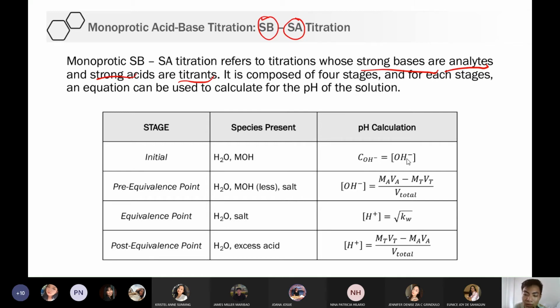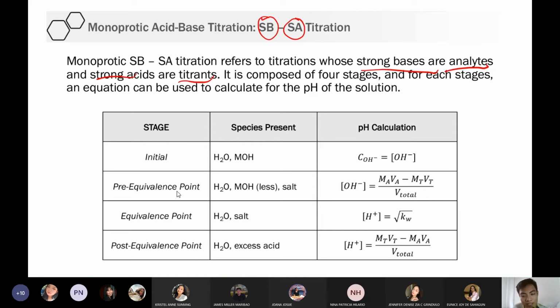I-negative log mo yon, makukuha mo yung POH. To solve for pH, that is 14 minus POH. Okay? Alam niyo na yan. Ginagawa na natin yan. Chapter 1 pa lang. So from pH, gagawing POH, vice versa. So initial stage, wala dapat tayo problema dito. Kung ano yung concentration ng base, yun na yun. Negative log lang. Tapos 14 minus that pH.